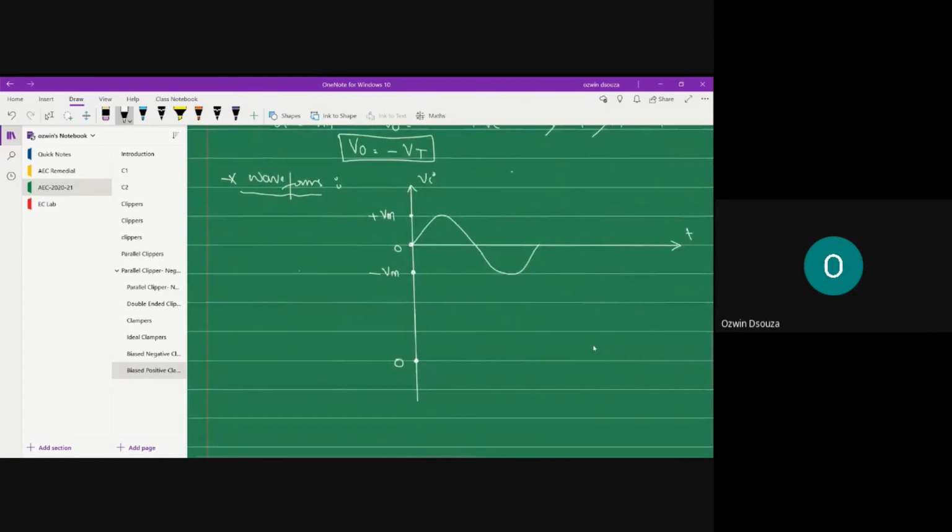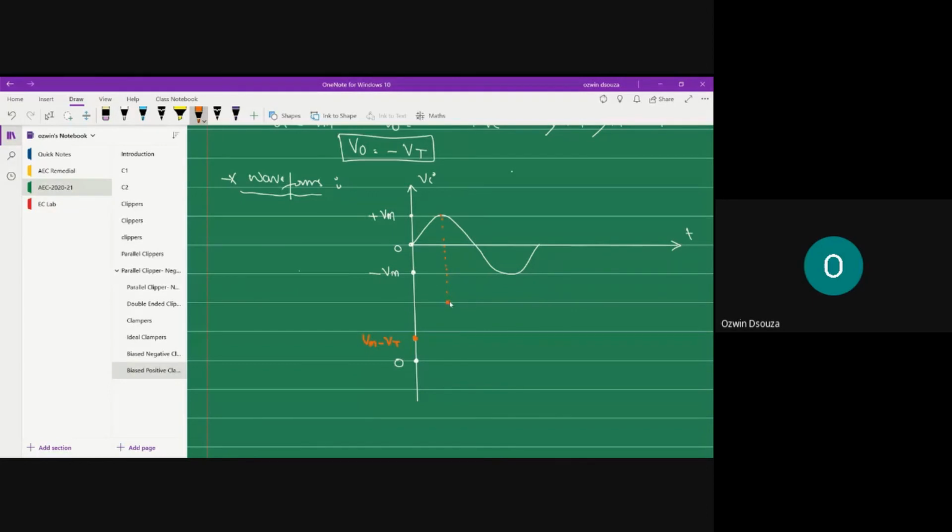So some positive voltage. Let's say this is the value. Let us write this value as Vm minus Vt.